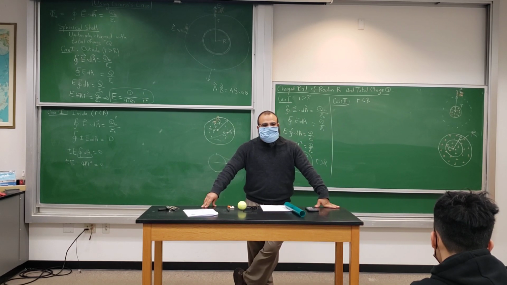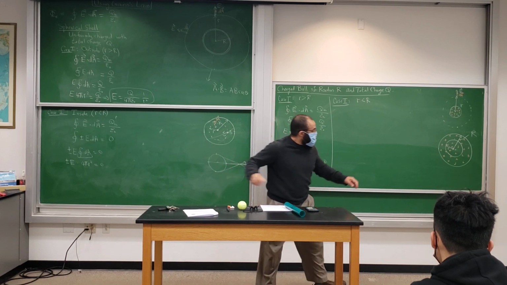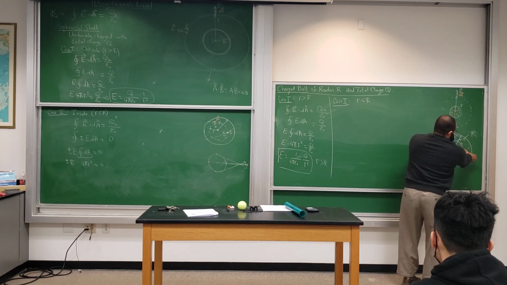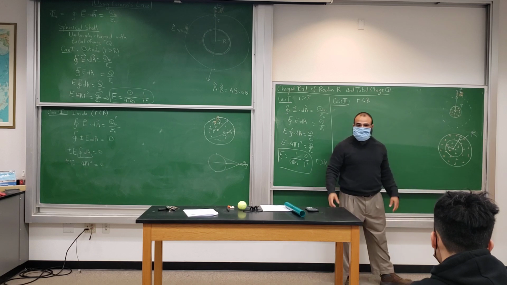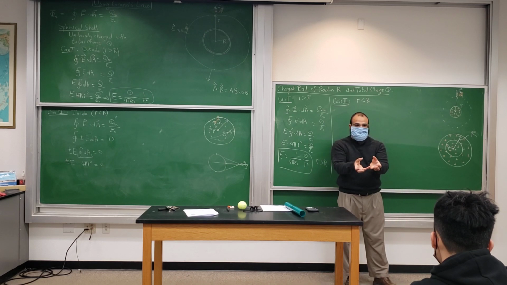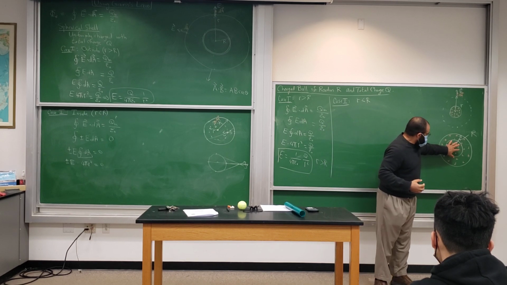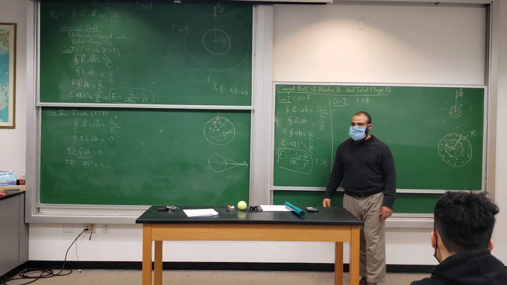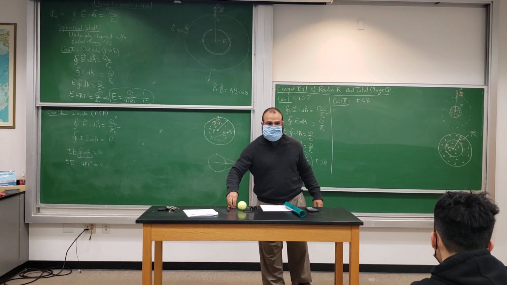Because they're not inside your surface. You see this? That's like a shell. What's the electric field due to the outside shell? Zero. The shell contributes nothing to the field inside itself. So any field here is due to the charge enclosed within this sphere. So the electric field is actually outward, definitely.